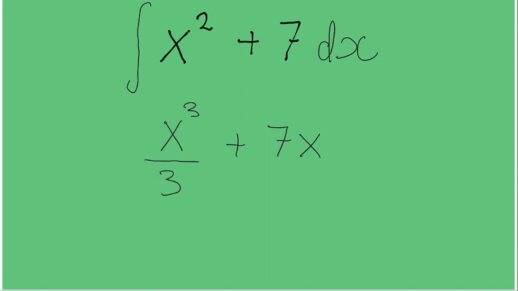And you can see here we do not have limits, so therefore put in the c value, plus c, and it's an indefinite integral, and that's all you need. Okay, let's do another one.